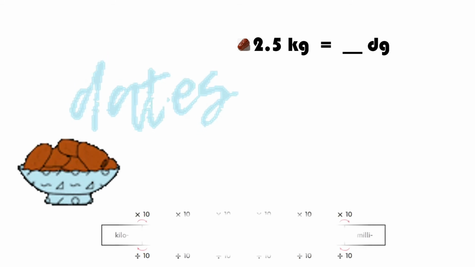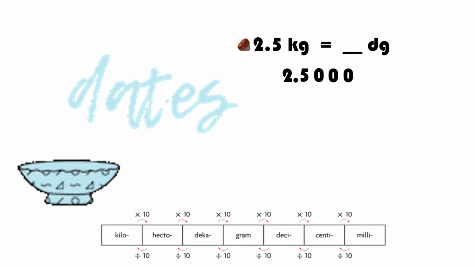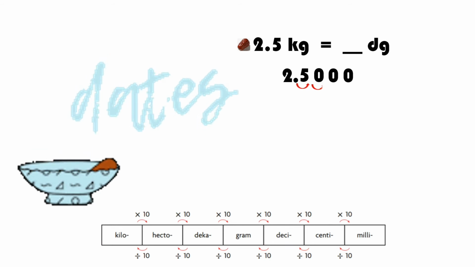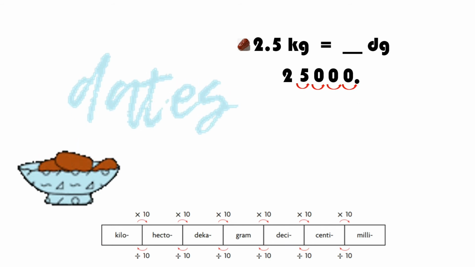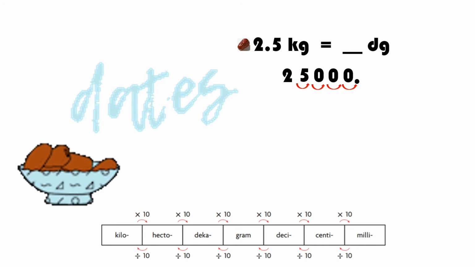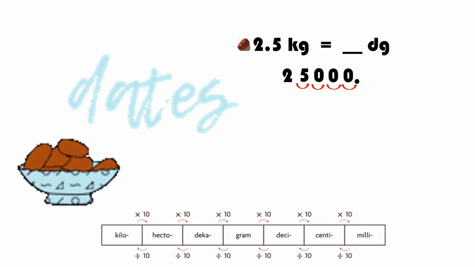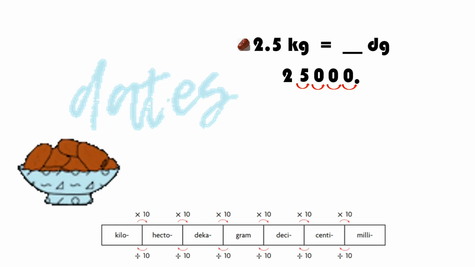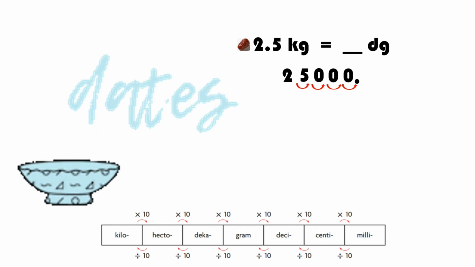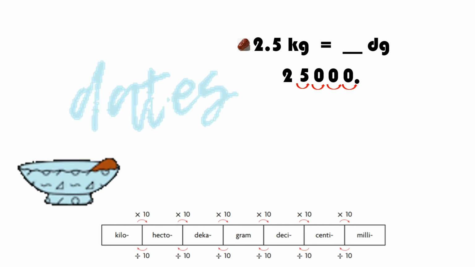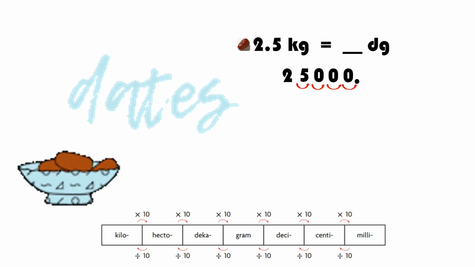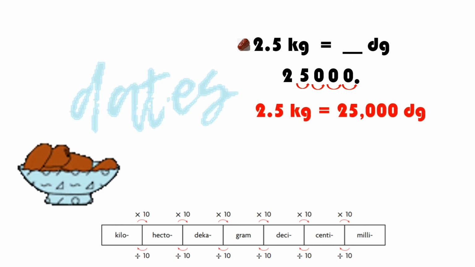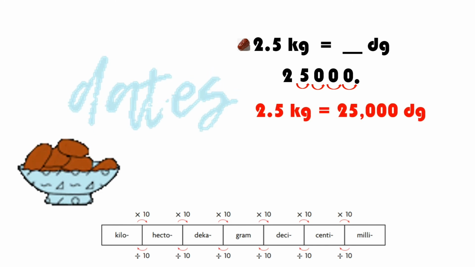From kilogram to decigram, we need to move 4 places to the right. That means we will move the decimal point 4 places to the right, giving us 3 spaces. That means we need to add 3 zeros, making the number 25,000. So that means 2.5 kilograms is equal to 25,000 decigrams.